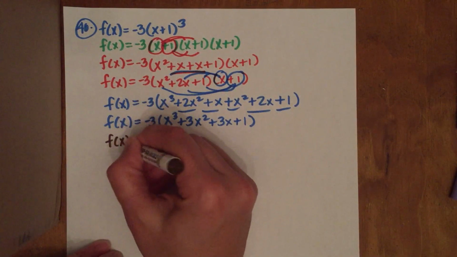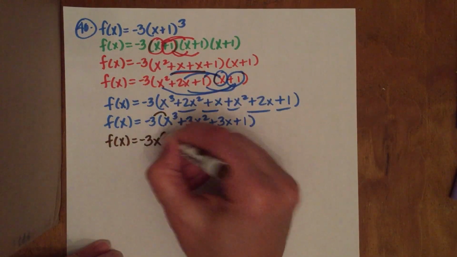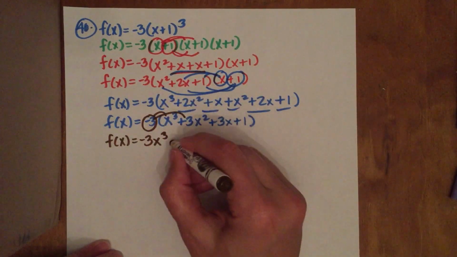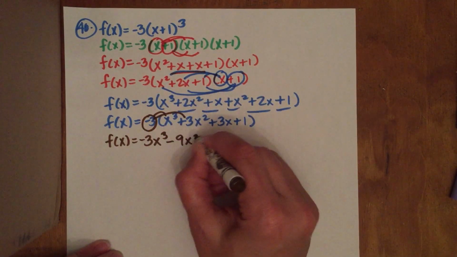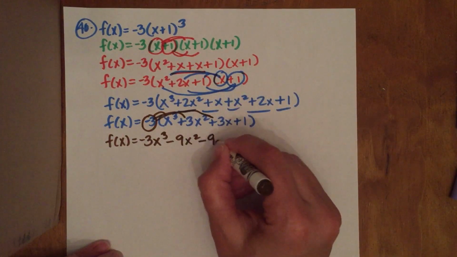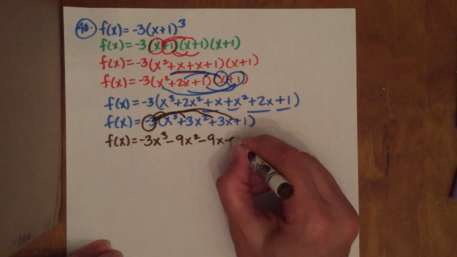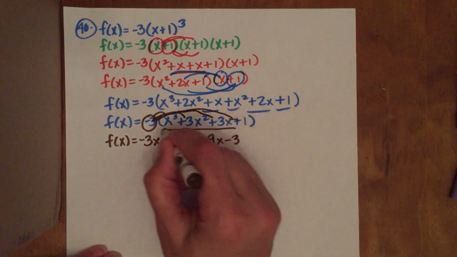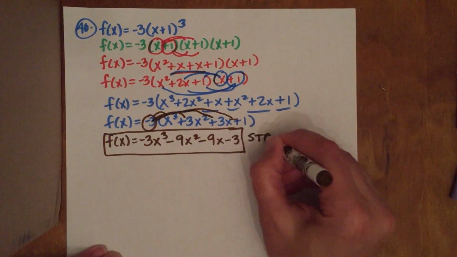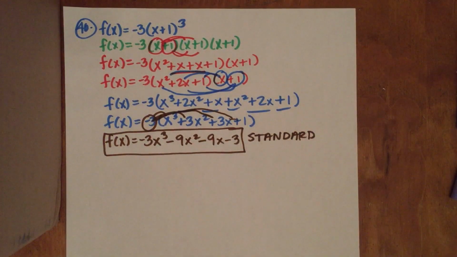So f of x is going to equal negative 3 times x cubed is negative 3x cubed. Negative 3 times 3x squared is negative 9x squared. Negative 3 times positive 3x is negative 9x. And negative 3 times 1 is negative 3. And that is it. And that is your complete standard form expanded from your original, which was in transformation form.